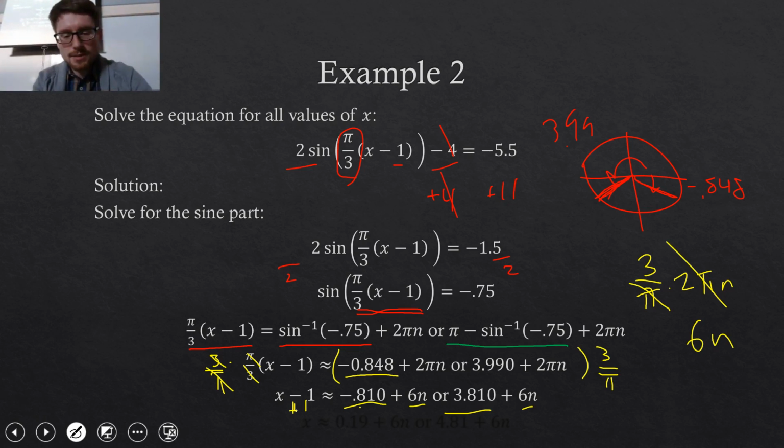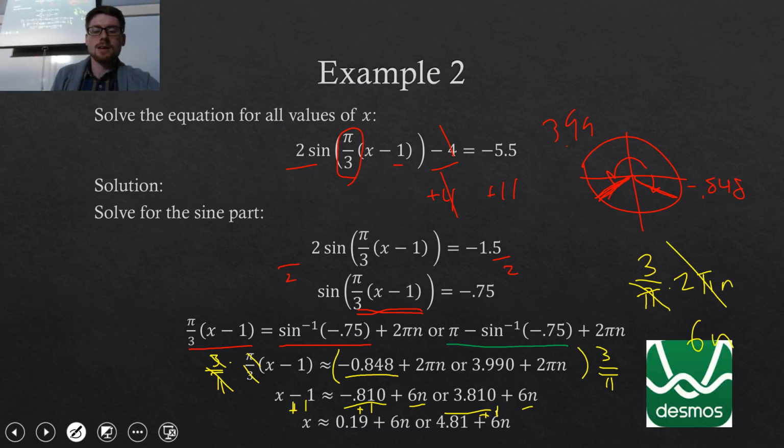So we're adding 1 to negative 0.810. We're adding 1 to 3.810. Those are the starting generating values. The period is unaffected by this phase shift. It's still 6. When we add 1 to negative 0.81, we get 0.19.